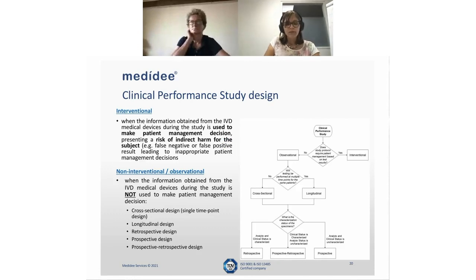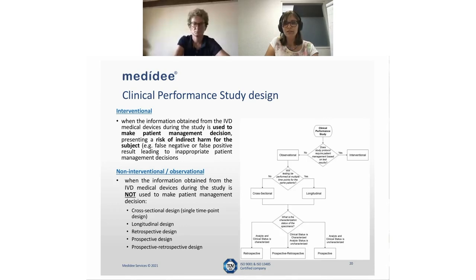Risks can be of two sorts in a clinical performance study. They can be direct harms or indirect harms. Indirect harms could be, for example, during an interventional study. So these are two types of studies which could be considered. Interventional studies, where the result of your test will actually lead to a decision for the participant in the study.